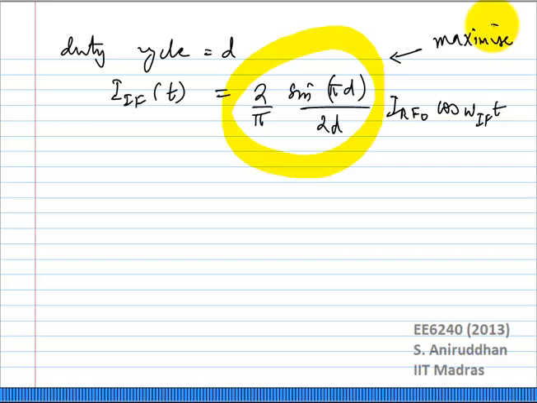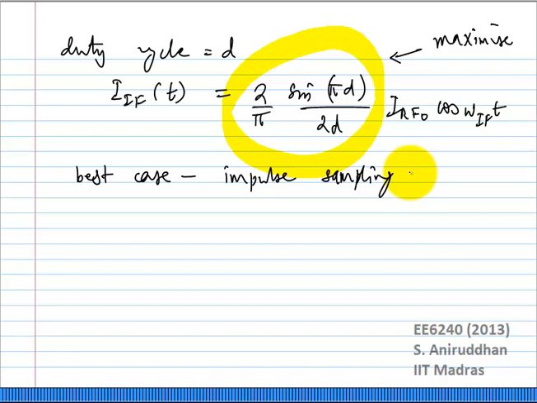Exactly. So in reality, if you want to maximize it, you would like to have an impulse sampling. So 0 duty cycle does not mean it's just 0. You are sampling it with an impulse. This will actually give you the best case. So that means that if you actually get a very narrow set of pulses, that will give you a very large conversion gain.